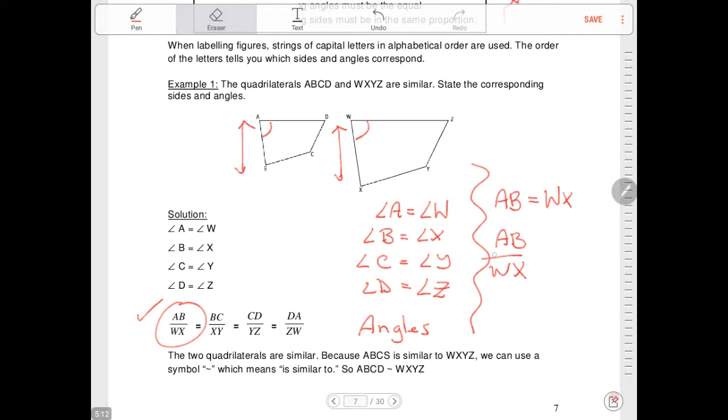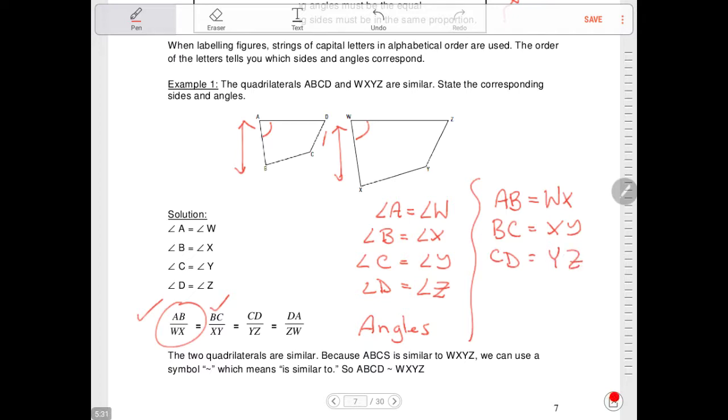If I keep going here now, although I do think I find my way a little bit easier, but that's no big deal. If you look here, you could say BC is equal to XY. And then you could say that CD is going to be equal to, let's see here, YZ.